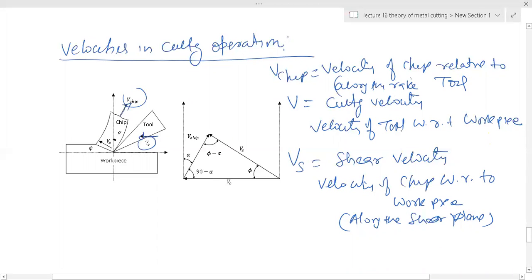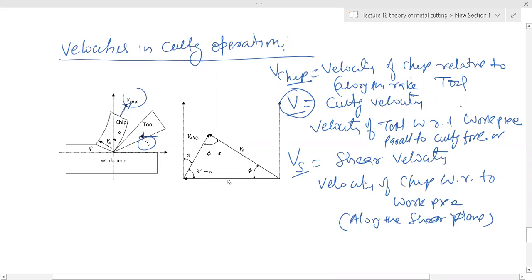Velocity of cutting is parallel to the cutting force, or parallel to the machined surface. So now we have chip velocity, cutting velocity, and shear velocity. We have to find the relationship. Cutting velocity we can measure directly.